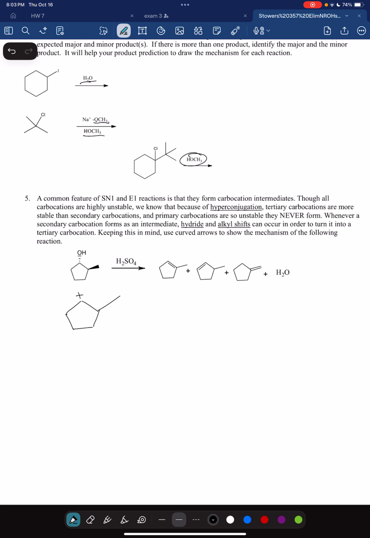And that can lead to both hydride shifts and methyl shifts. Actually, not really a methyl shift, but it can definitely lead to 2 different hydride shifts. So just try to move that plus around by doing a hydride shift in all the possible ways you can to form these products, and that's how I would start. That shouldn't be too tough.